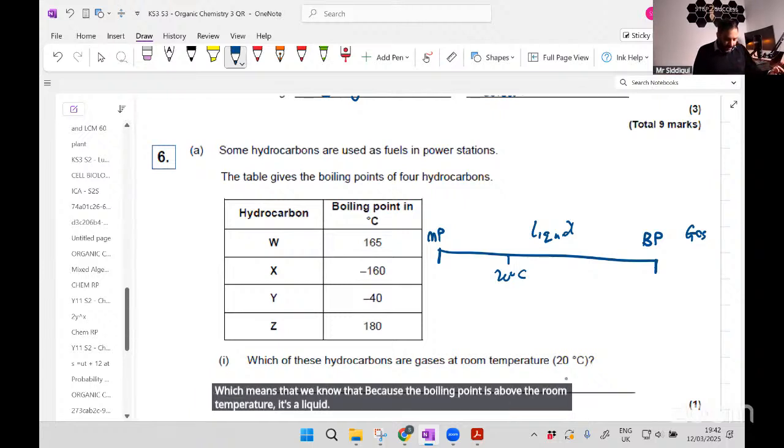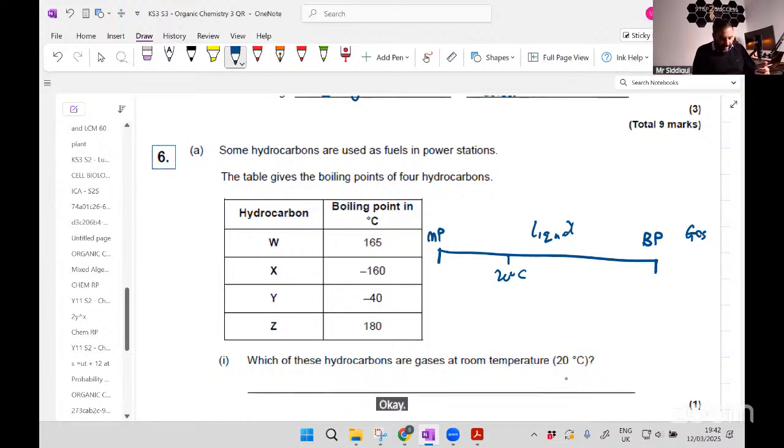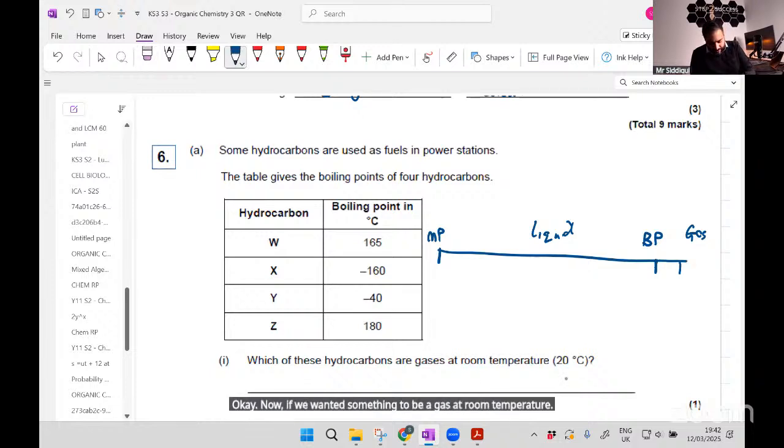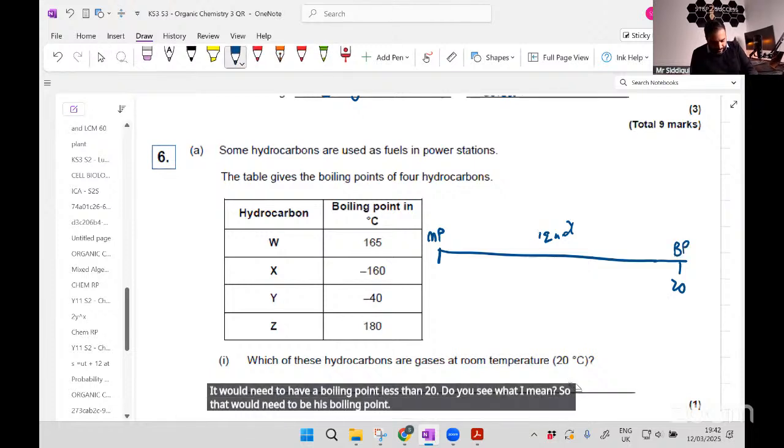Now, if we wanted something to be a gas at room temperature, it would need to have a boiling point less than 20. Do you see what I mean? So that would need to be its boiling point.